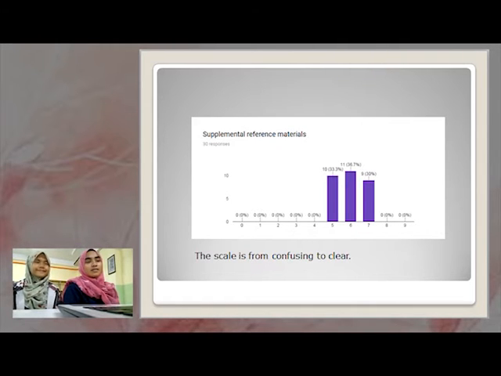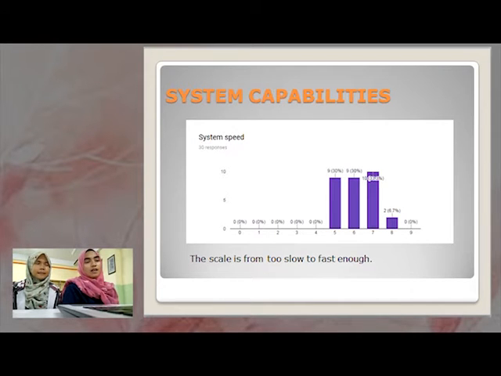Next is about the system capabilities. Firstly, the system speed. The scale is from too slow to fast enough. Overall, the respondents chose that the courseware is fast to use, because most chose scale 5 until 8.